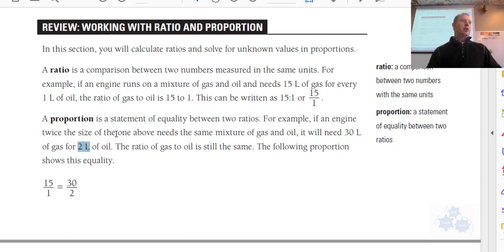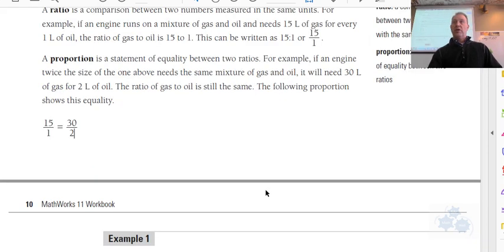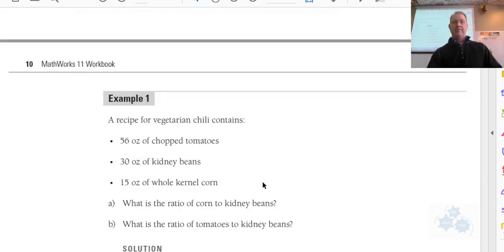So a mixture of 15 to 1 is the same as 30 to 2. We double the one, you have to double the other one. And so this is a simple proportion right here. See, it has an equal sign, and it's got two ratios. That's what a proportion is. Any questions there so far on these two? Pretty straightforward so far? Okay.